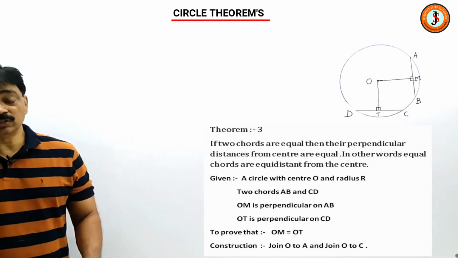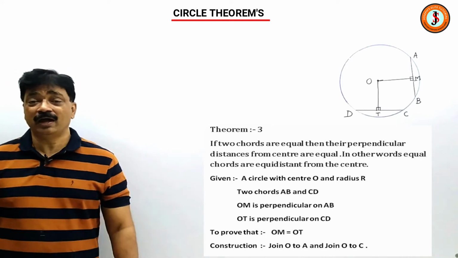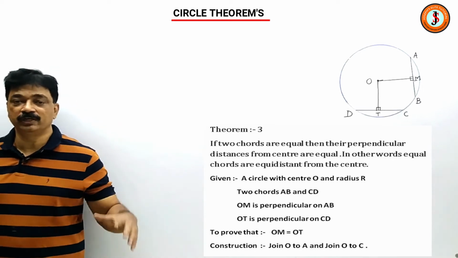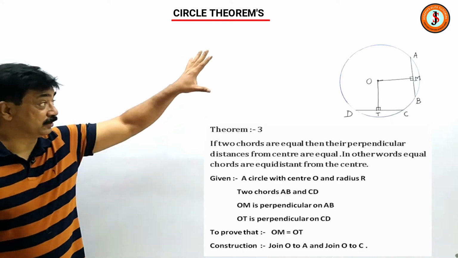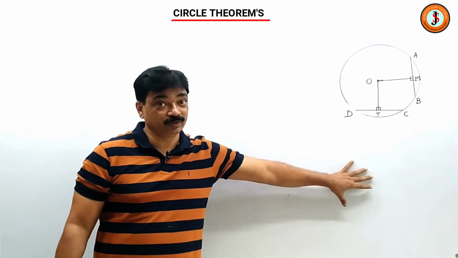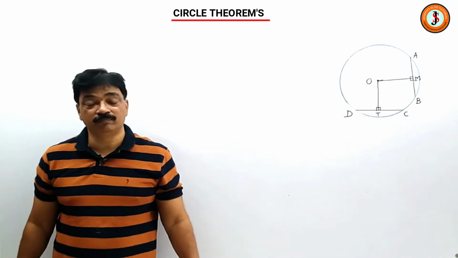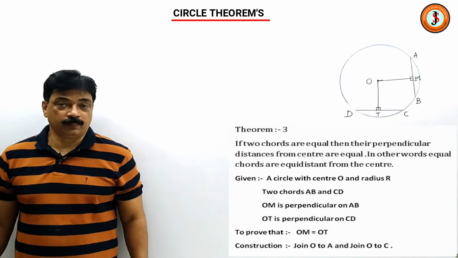In other words, equal chords of the same circle are equidistant from the center. Remember, if there are equal circles, and the chords in both are equal, then the same thing will apply. The distance from the center will be equal.